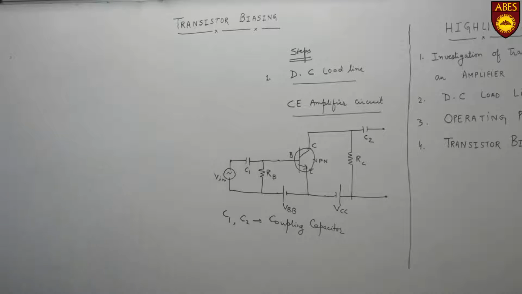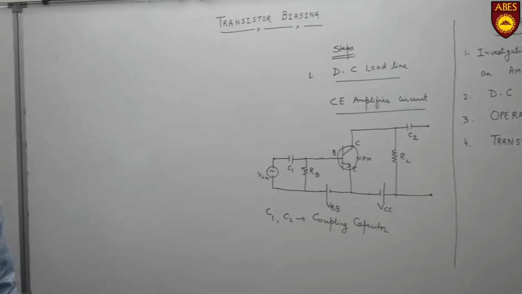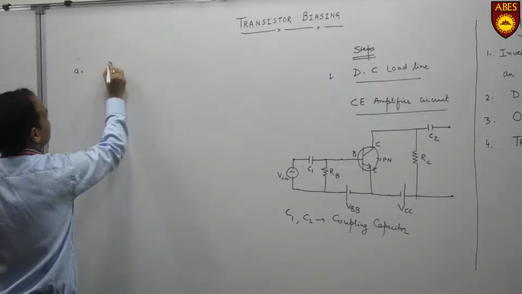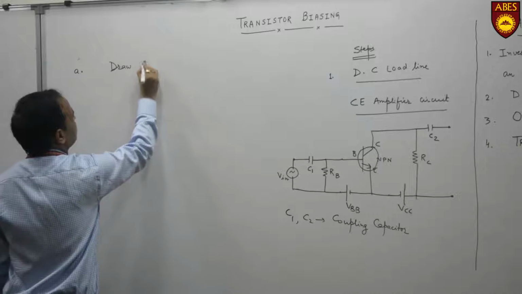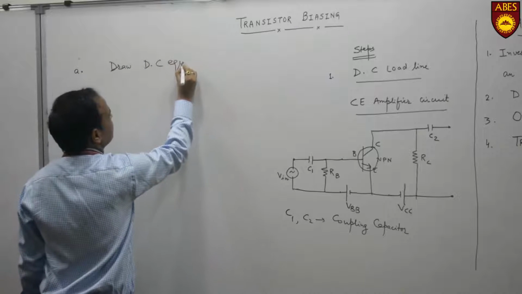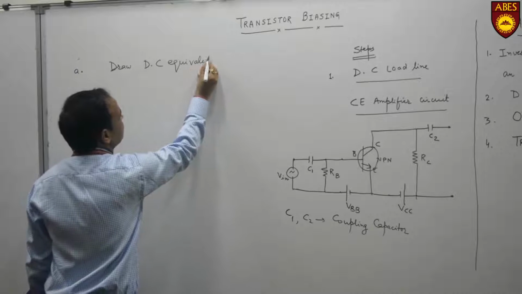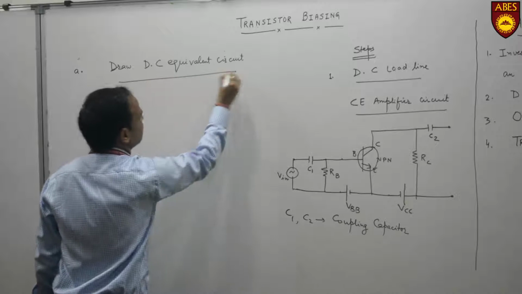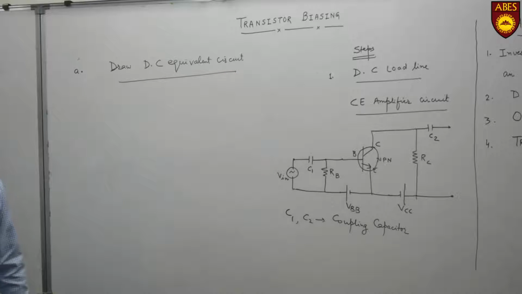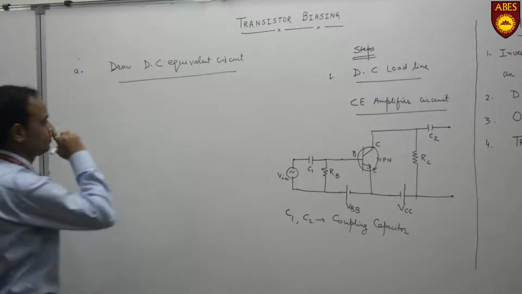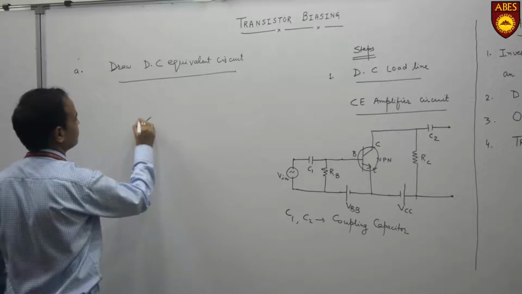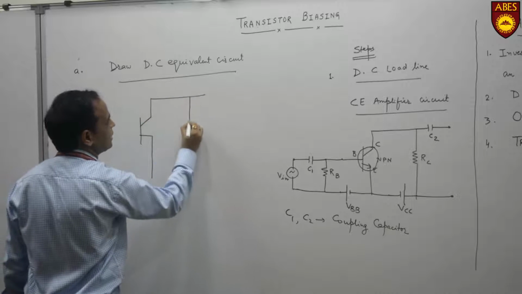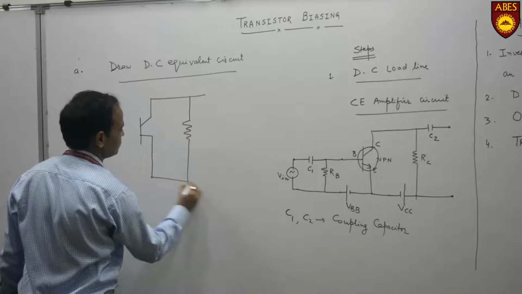Now, since our aim is first to draw the DC load line, the very first step that we do is draw the DC equivalent circuit. For drawing the DC equivalent circuit, two elementary steps are required.